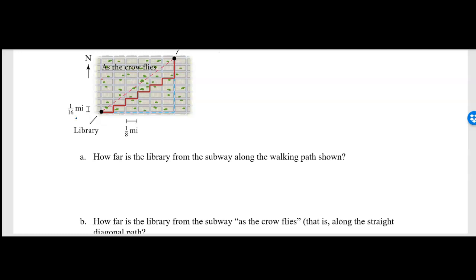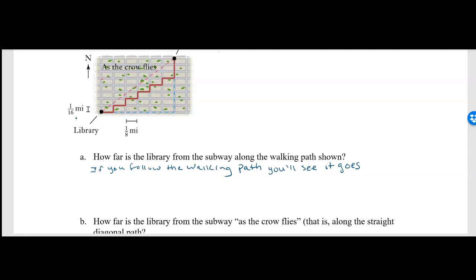There's a couple of things we need to look at, okay? First, if you follow the walking path, you'll see that it goes... now. Think about this.